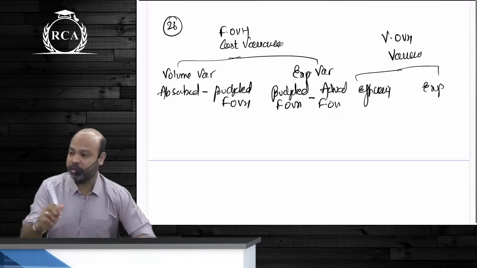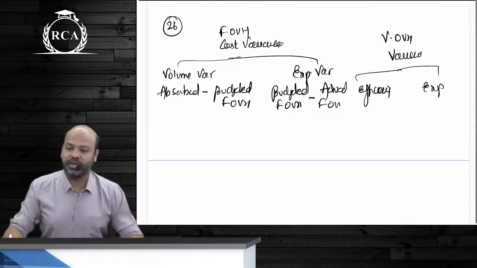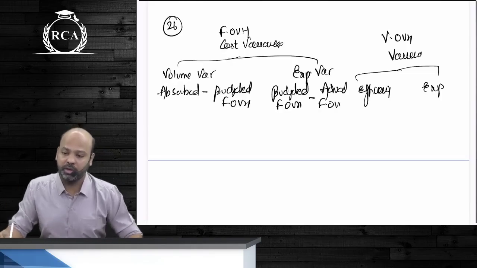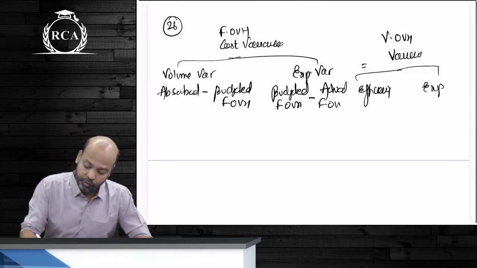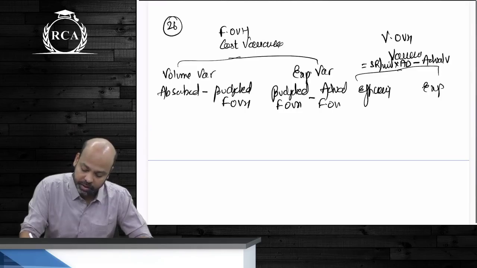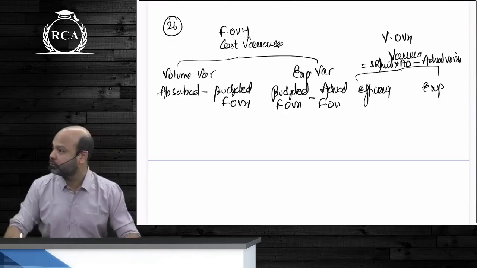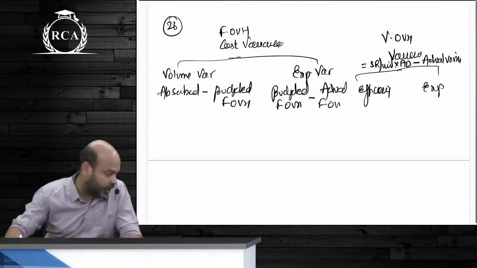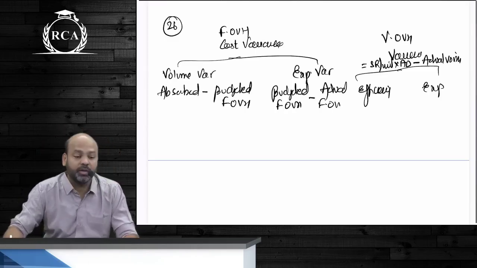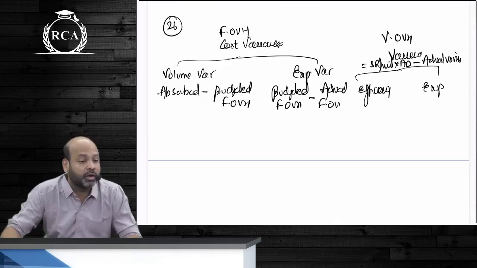You will not be able to segregate variable overhead variance into efficiency and expenditure because details of time are not given. To compute your overall variance, you will write standard rate per unit into actual output minus actual variable overheads. I cannot even compute variable overhead cost variance separately because actual variable overheads are not given.